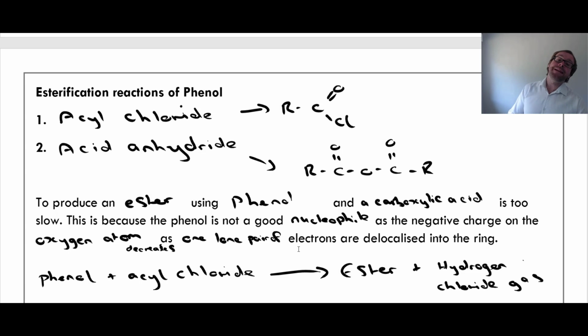So we keep repeating that the lone pairs are going into the ring.